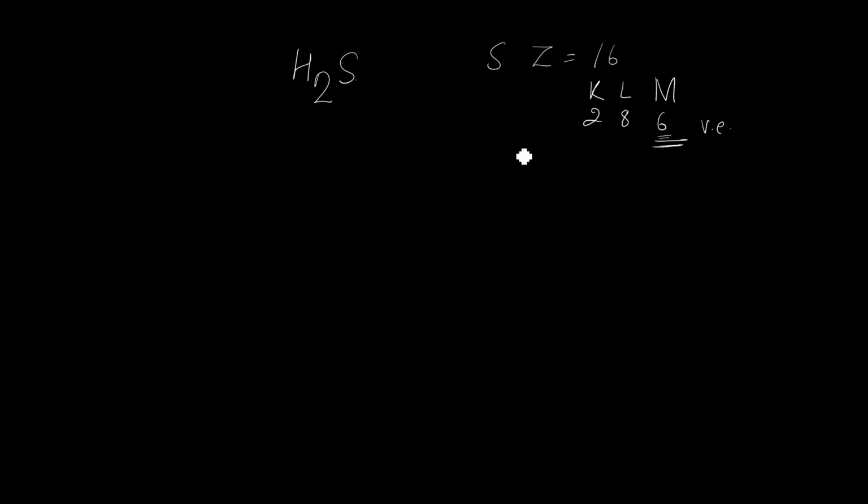Hydrogen has Z equal to 1, so 1 electron. Now for H2S, write 6 valence electrons, 1, 2, 3, 4, 5, 6 in sulfur, and 1 valence electron for each hydrogen.